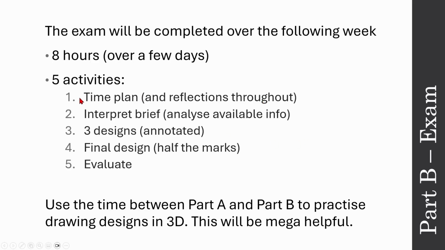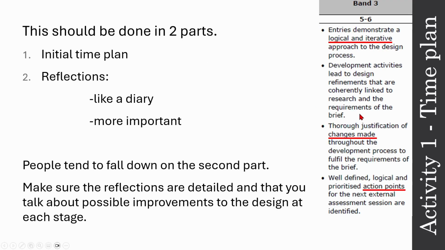So let's jump into the time plan. The time plan is worth 6 marks. You'll see on these slides I've put the mark scheme on the right hand side. I'm only ever going to put in the top band, because there will be a second and third set of descriptors for the lower marks.